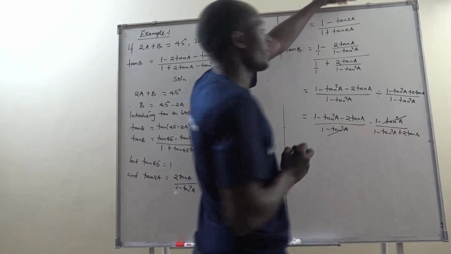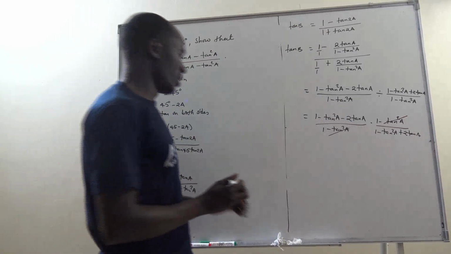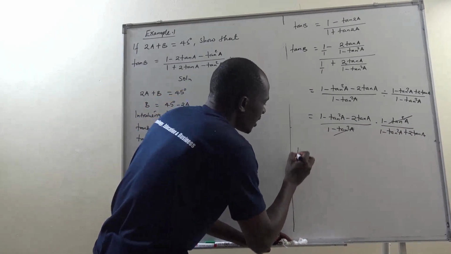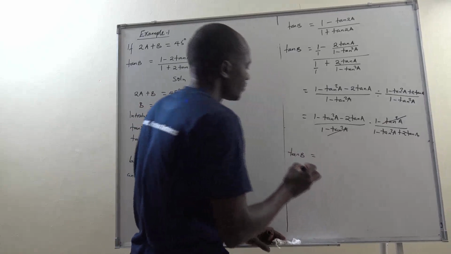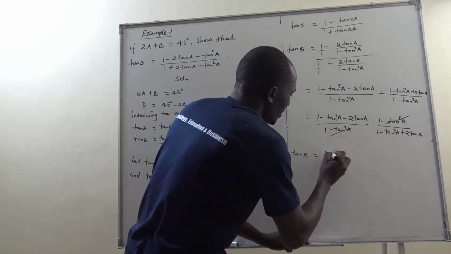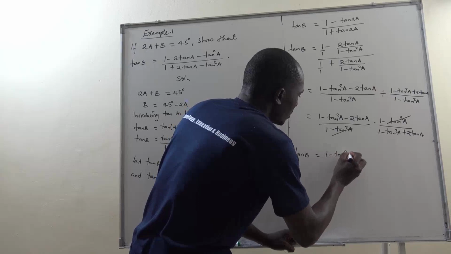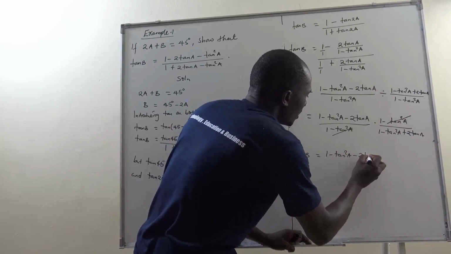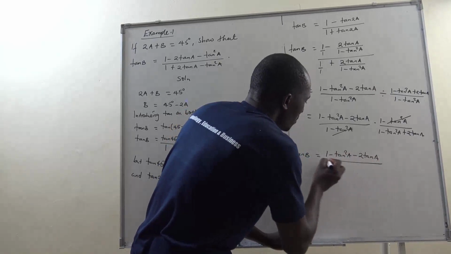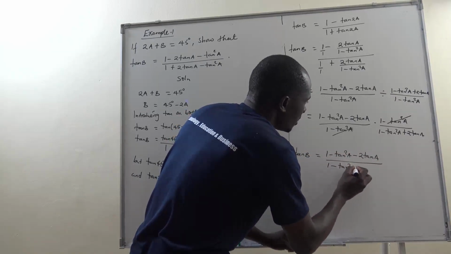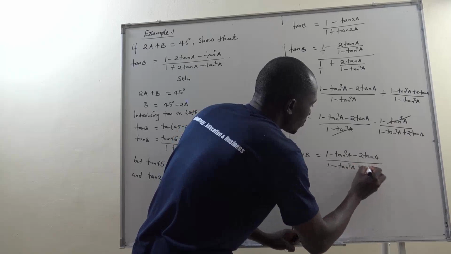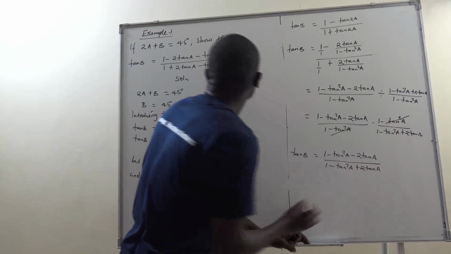This and this disappear. So what do we remain with? We are having tan B equals (1 minus tan squared A minus 2 tan A) all over (1 minus tan squared A plus 2 tan A).